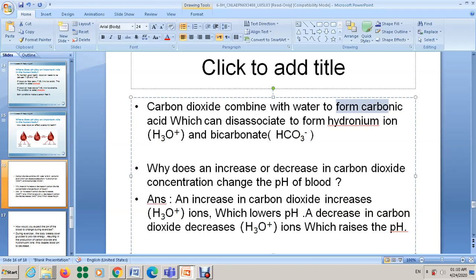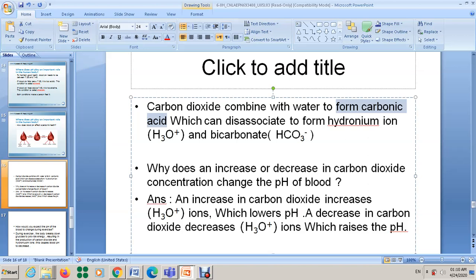This acid is a weak acid. It's called carbonic acid. This carbonic acid can dissociate and form what? When it breaks, it gives a hydronium ion, and the other part is bicarbonate.